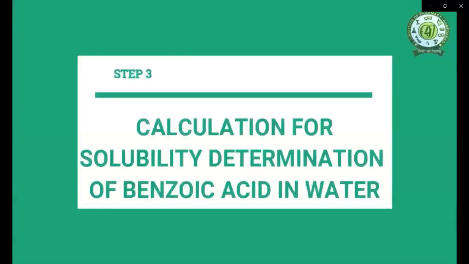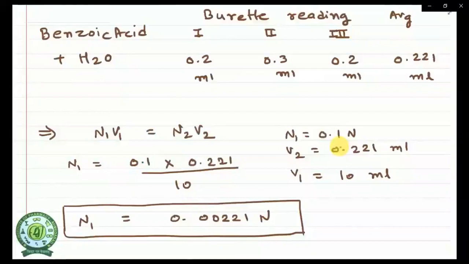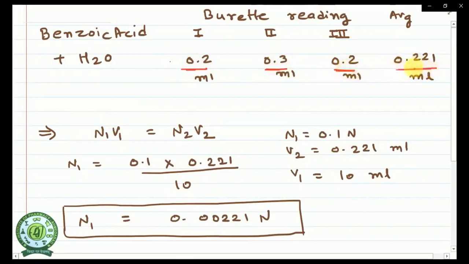Then the calculation for the solubility determination of benzoic acid in water. As you can see, there are 3 burette readings written here. The first burette reading is 0.2 ml, the second is 0.3 ml, and the third is 0.2 ml. And 0.221 will be the average burette reading that we are going to use in the equation N1 V1 is equal to N2 V2.